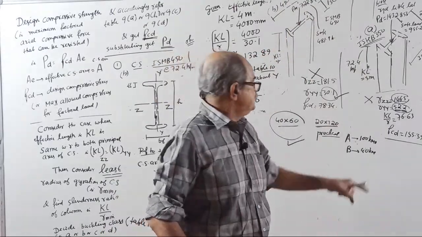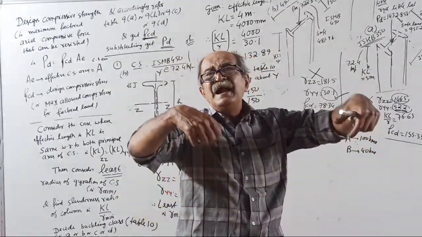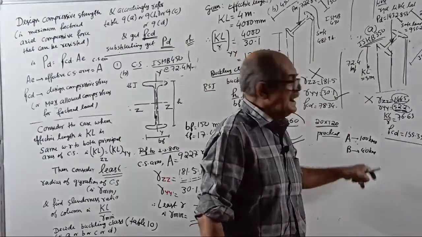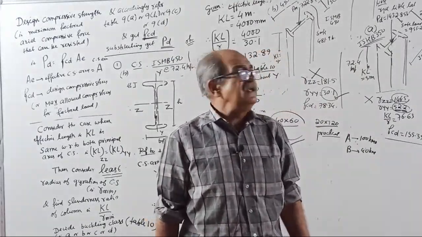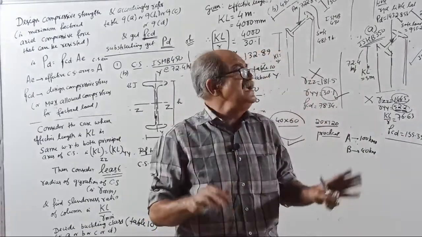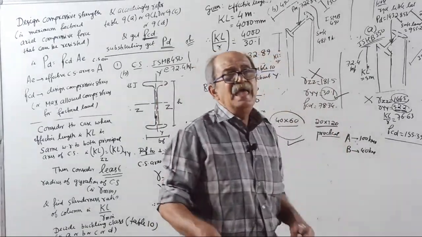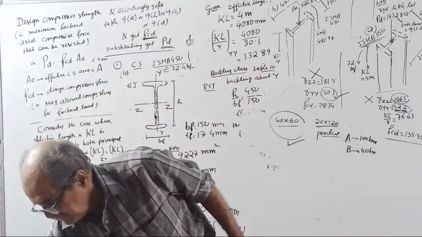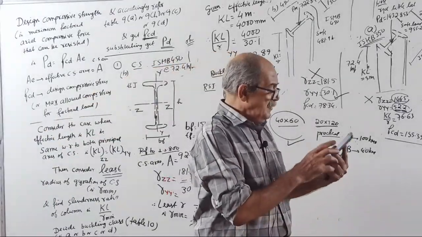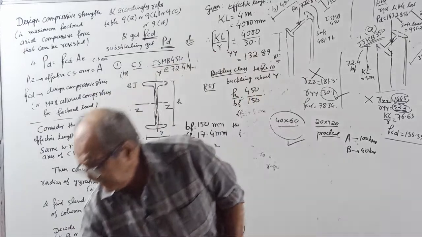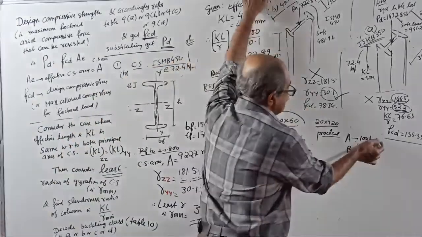Condition: this person will tell, I can drive at 100. This person can tell, I can drive only at 40. Above 40, I never go. I get afraid, I get panic. Now your driving time will depend on 40. 100 is no use. Correct?